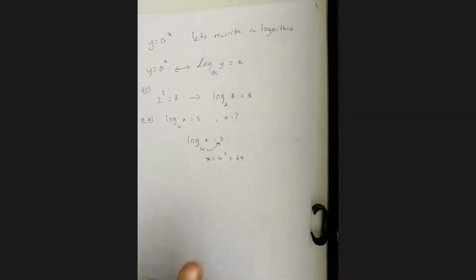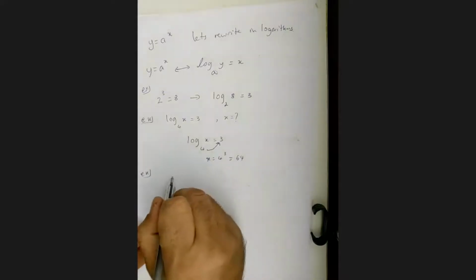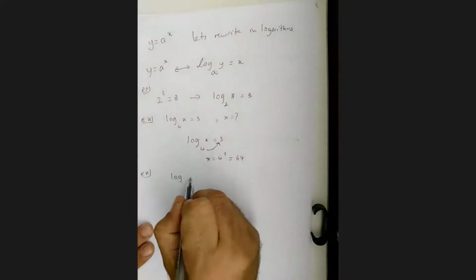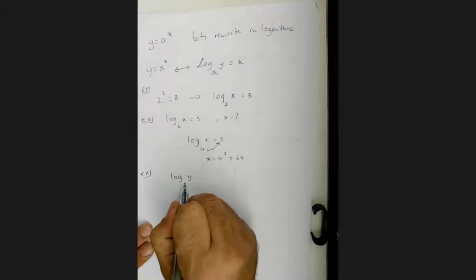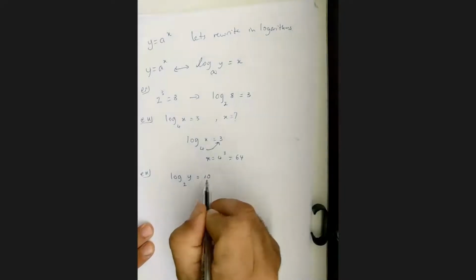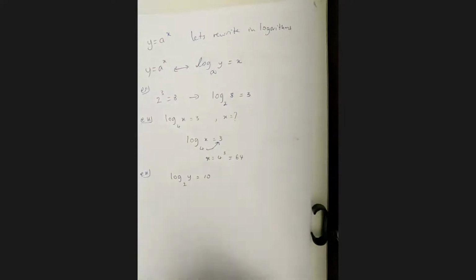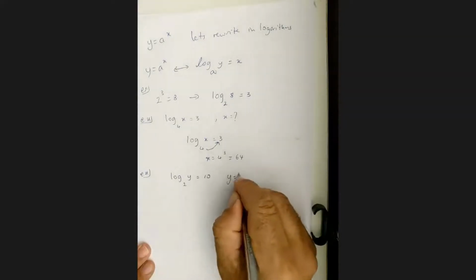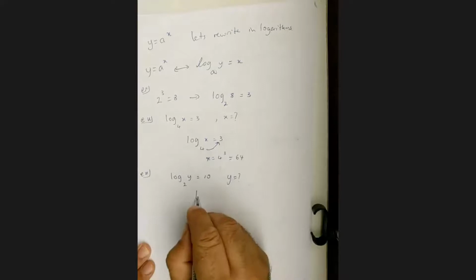This is easy, but let's do another one. Logarithm of y to base 2 is equal to 10. And find the value of y. What are we going to do?